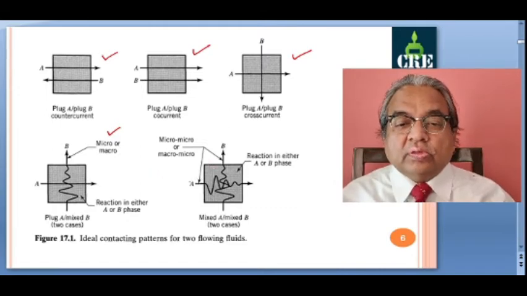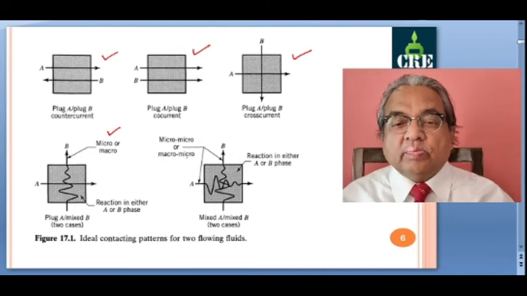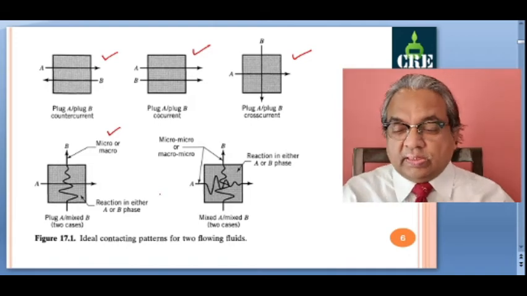So this gas phase will be microfluid, and the liquid phase can be either macrofluid or microfluid. So the possibilities: gas and liquid both are considered as microfluid, and here liquid is macrofluid and gas is microfluid. So these are the possibilities.